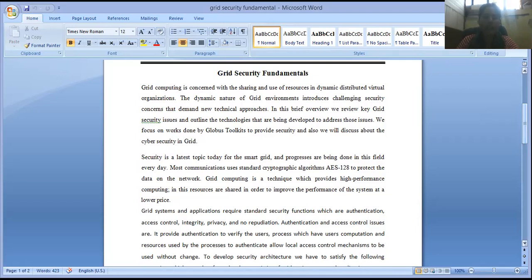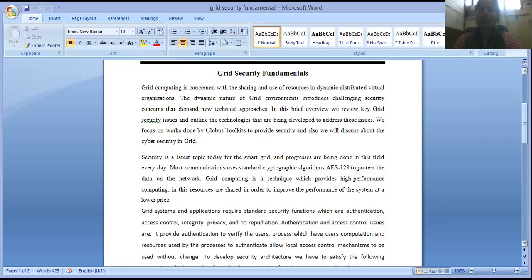Okay, clear? So, grid computing is concerned with the sharing and use of resources. It is very well known that grid computing is basically used for sharing resources dynamically, which are distributed across virtual organizations. To share those resources, you must use security to secure that data.